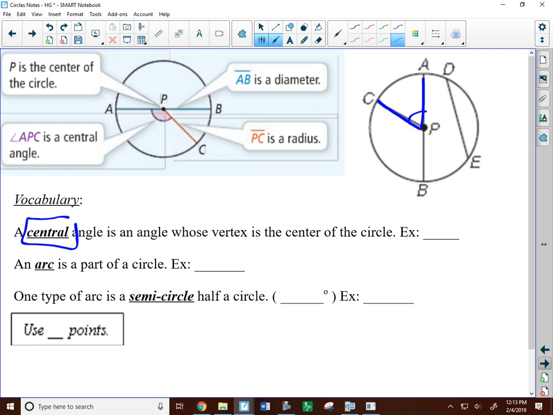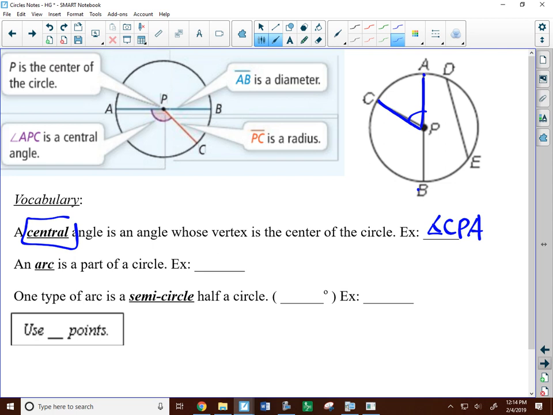So as an angle, its vertex is the center point of a circle. So in this case, angle CPA, or I could say angle APC. And there's others, CPB, or even the straight angle APB. So I name it with 3 points, like normal.